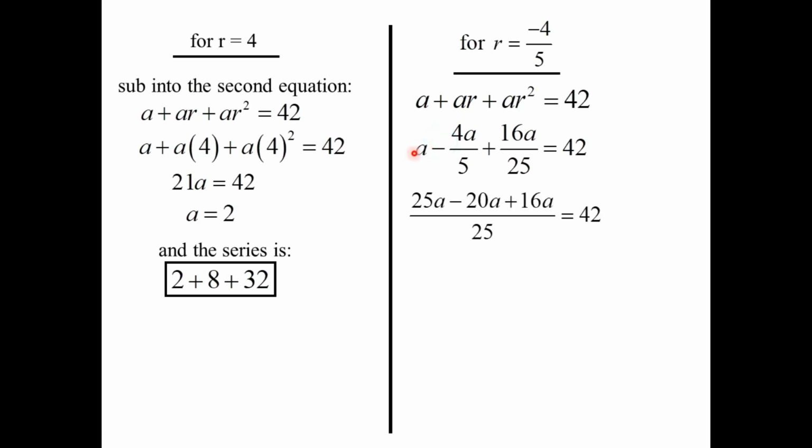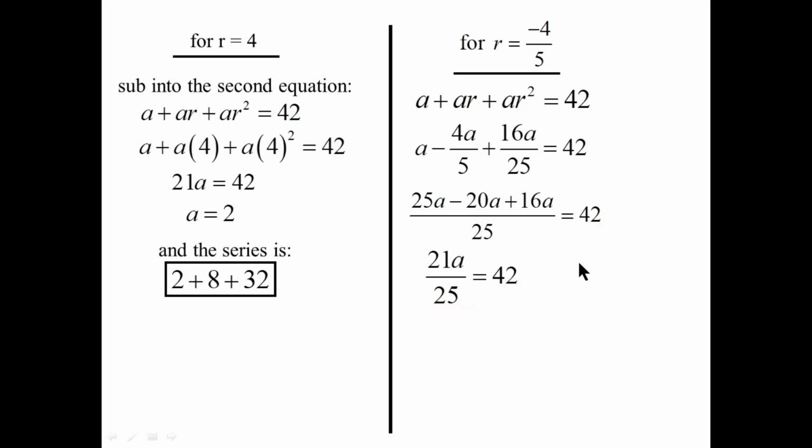So this a is over 1. Now it's over 25. So if you multiply 1 times 25, you have to multiply a times 25. This 5 got multiplied by 5. So 4 has to be multiplied by 5 to get 20a. And this is left alone, so 16a got left alone, leaving this numerator, which when simplified becomes this numerator.